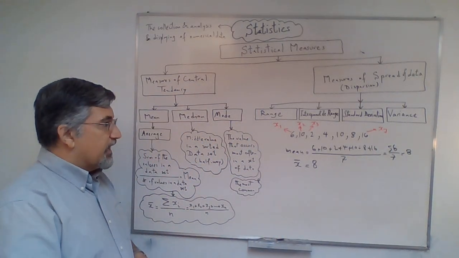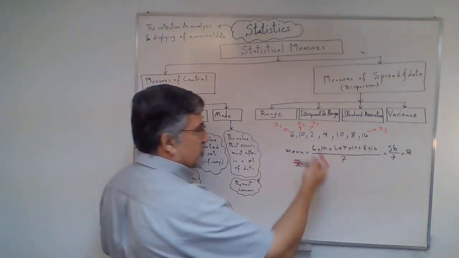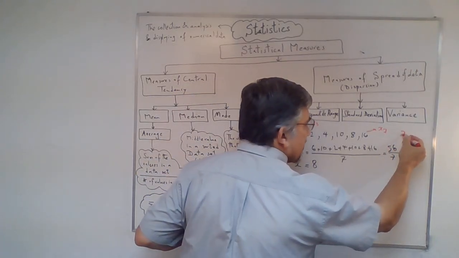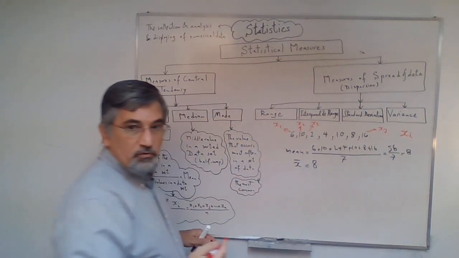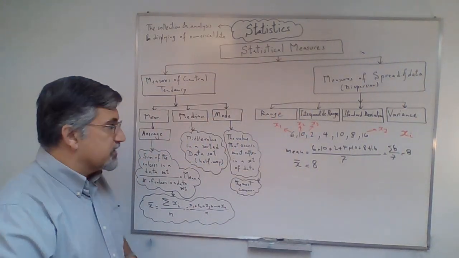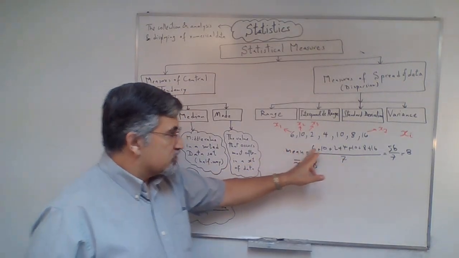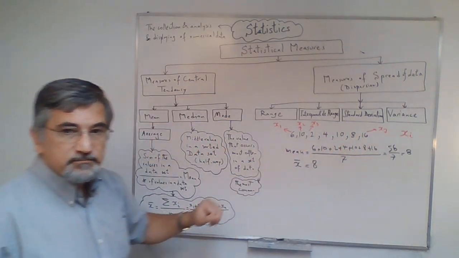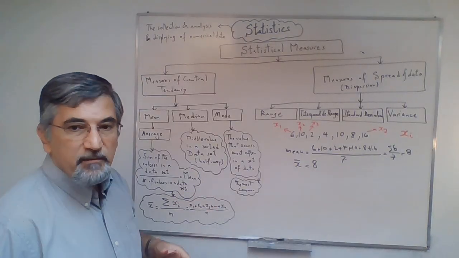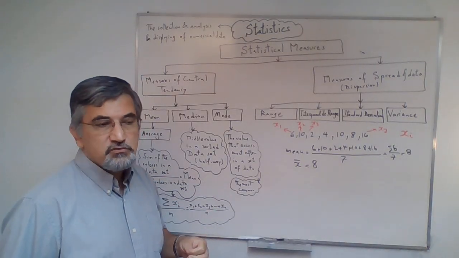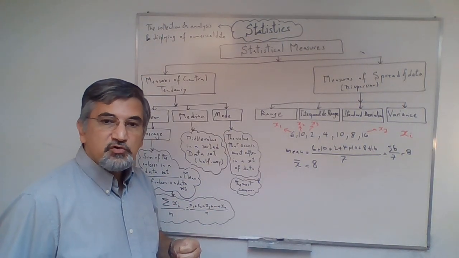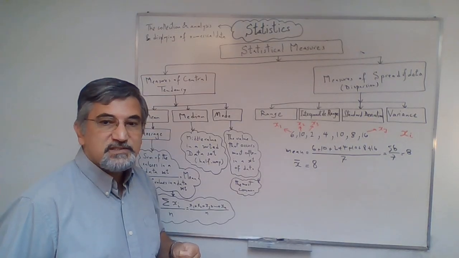Okay. And generally speaking, we show the data values with X sub i, where i stands for the index. So here we're saying that the mean is the sum of all these data values. And to show any kind of sum or total in mathematics, we use a special symbol from the Greek alphabet. It's called sigma.